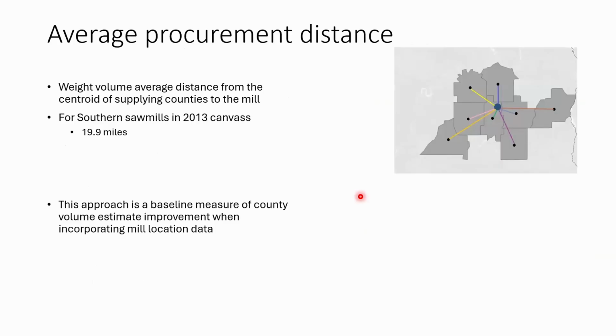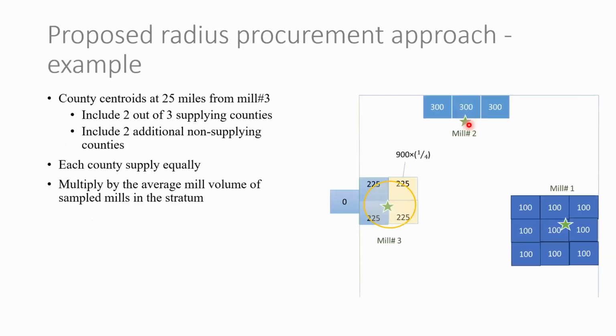Because for 2013 we found that the average procurement distance is around 20 miles. This is the way to calculate the average procurement distance. So this approach is a baseline measurement of the county volume estimates improvement when we incorporate new location data.